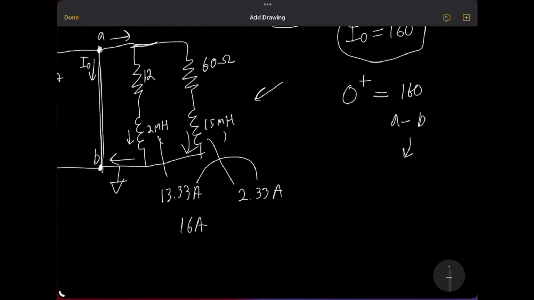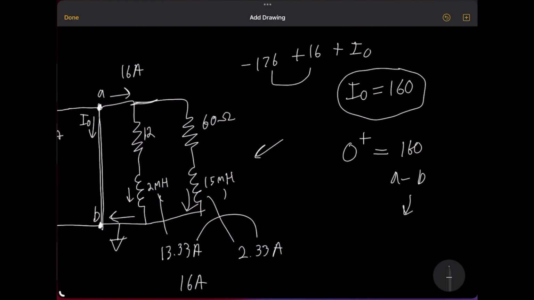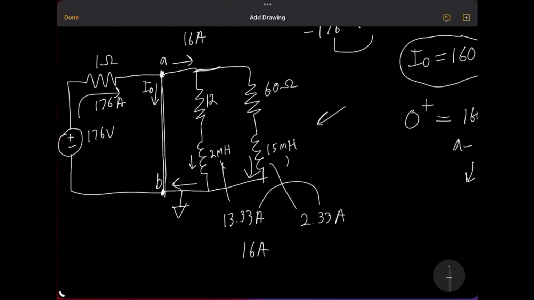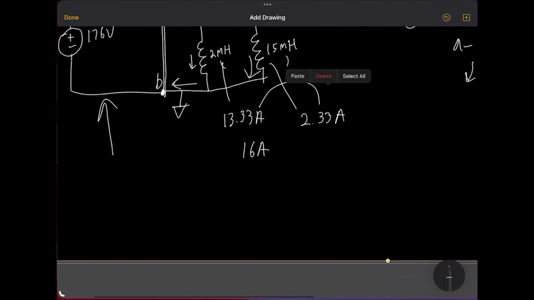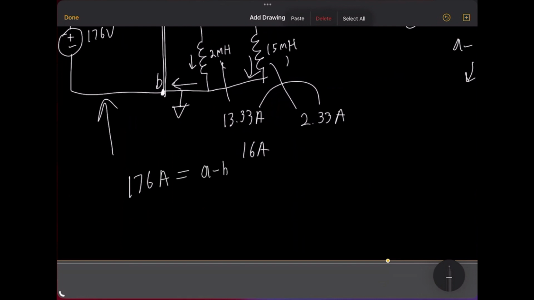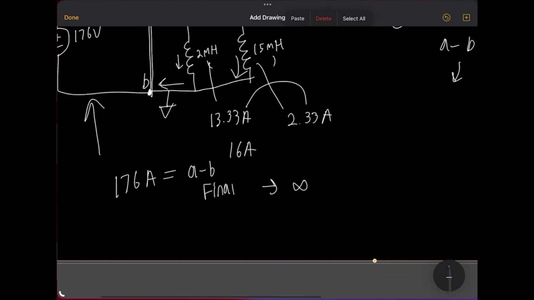So there's going to be no current going against this original circuit that we're talking about over here. So we're just going to go to 176 amps will be A to B final, or as it goes to infinity. Right.